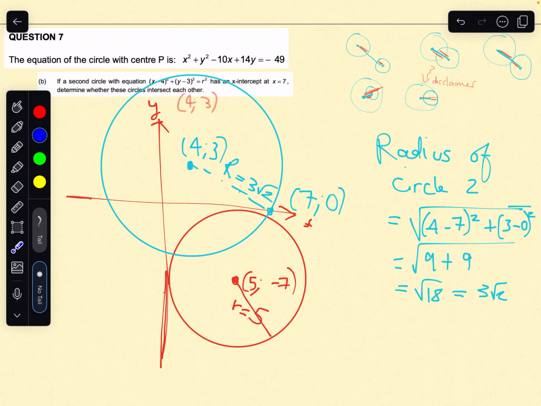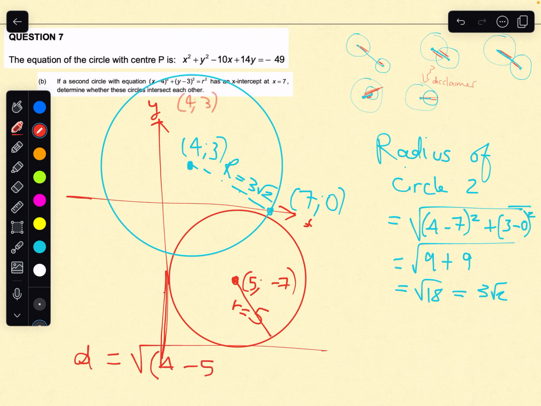Anyway, so now we're going to work out the distance between the two centers, which is (4 minus 5) squared plus (3 minus 7, so 3 plus 7) squared. So that gives us 1 plus 100. Okay, right, so that's the distance between.